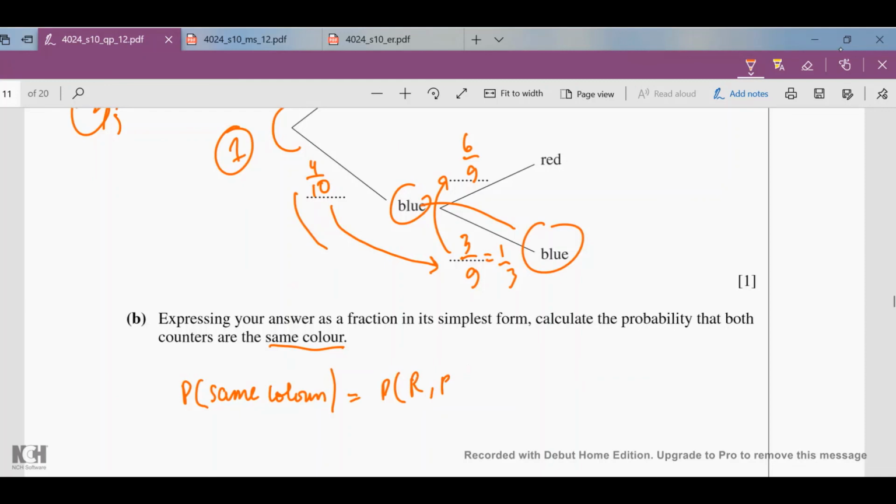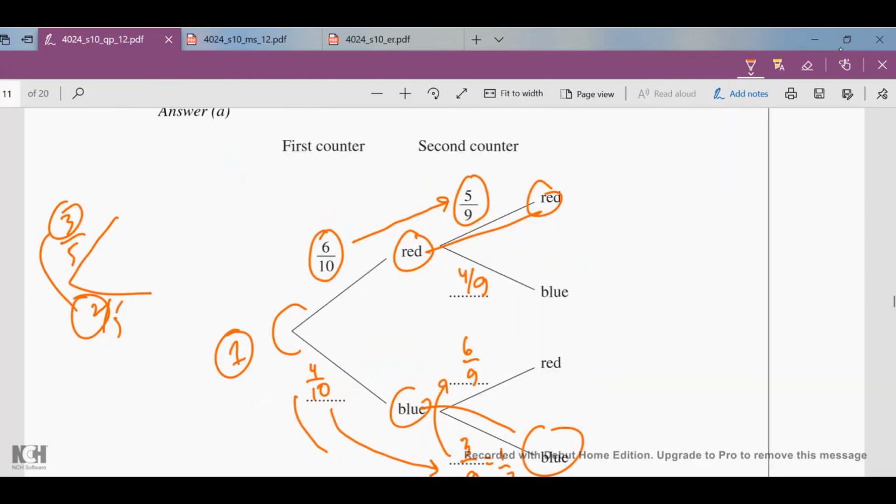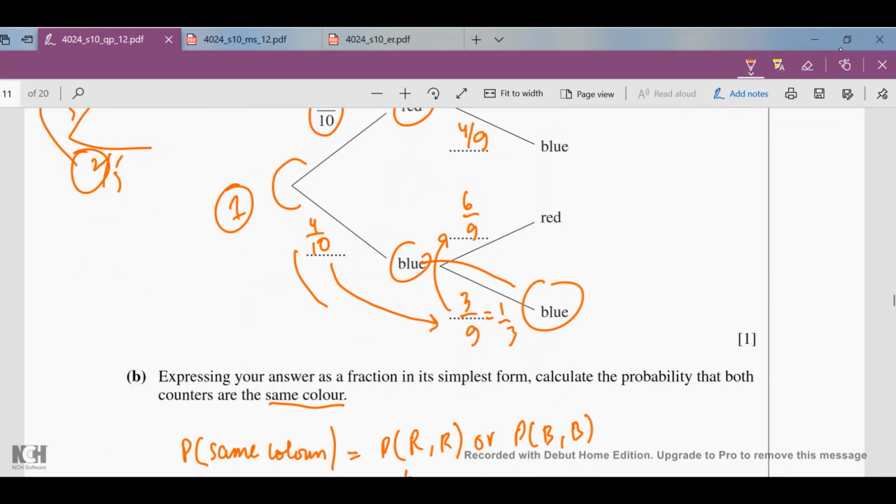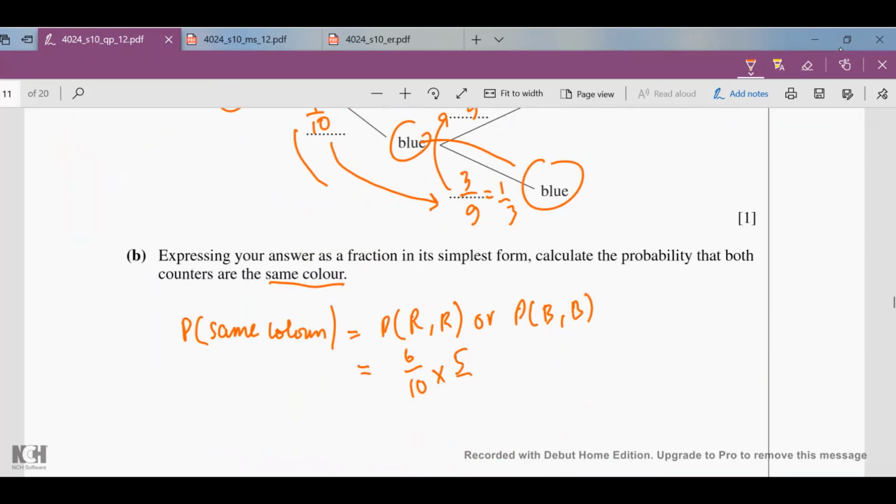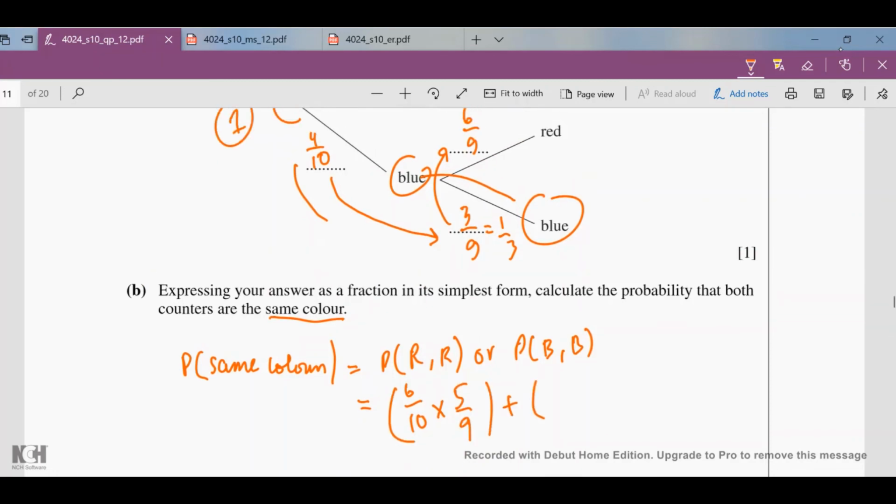Red and red, or blue and blue. This is 6 upon 10 multiplied by 5 upon 9, plus 4 upon 10 and then 3 upon 9.